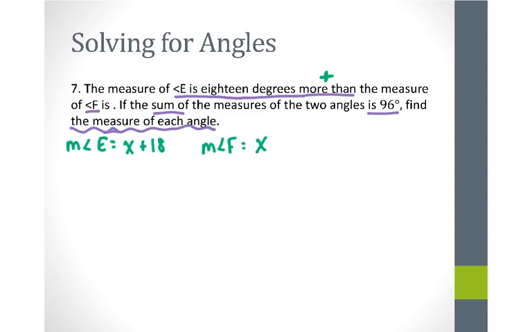Okay, so now I have to go with this next part. If the sum of the measures of the two angles is 96, so that means when I take the measure of angle E plus the measure of angle F, that has to equal 96. Well, we just figured out what E and F are, so we're going to put them in.